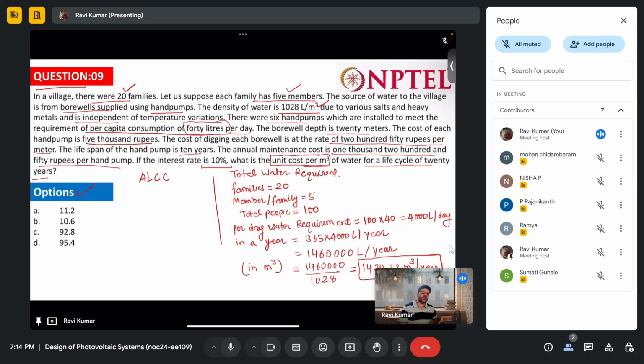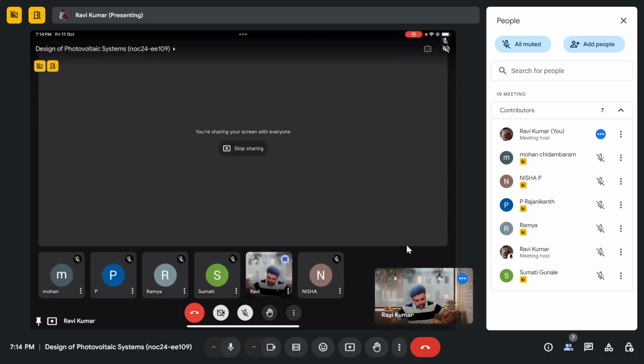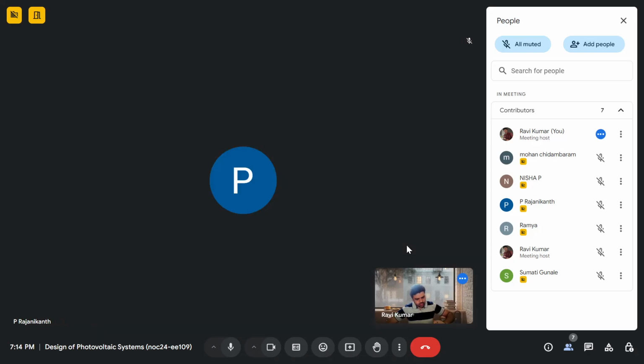Now we need to calculate LCC or ALCC. For this I need to add page 1. Okay.